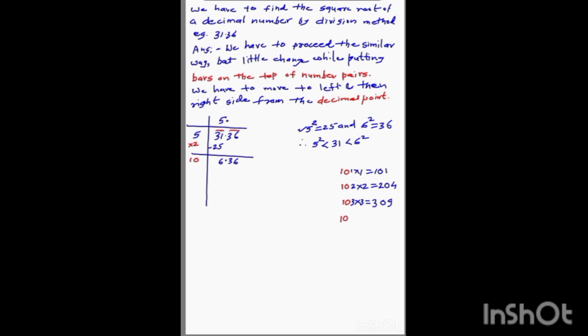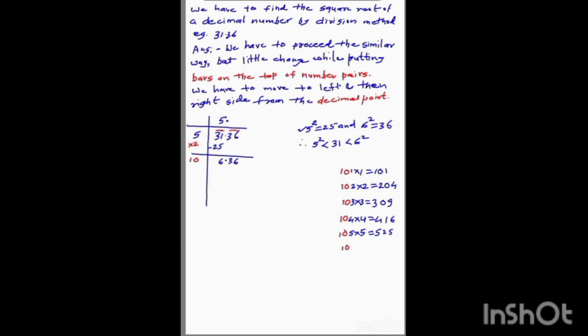The next one is 104 into 4, that should be 416. Then 105 into 5 is 525.